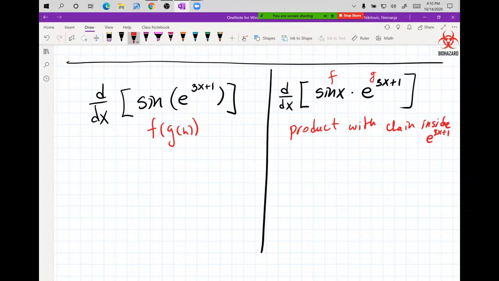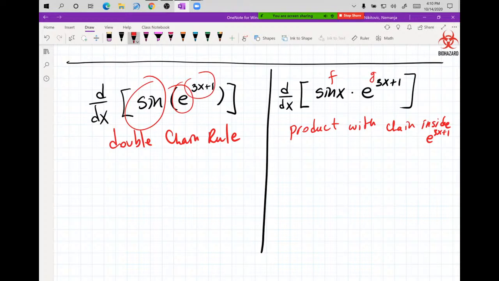This is a double chain, so I'm going to call it the double chain rule, because what do you have? 1, 2, 3 functions. So those are the differences between the problems. And what was the difference? Even if I put these parentheses like I have over there, the difference is this x, that it's there or not there.